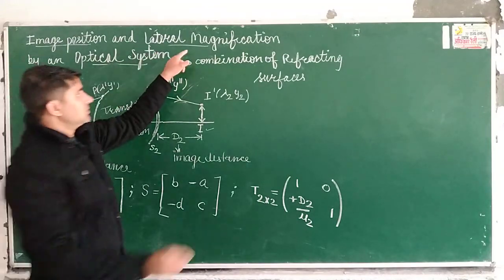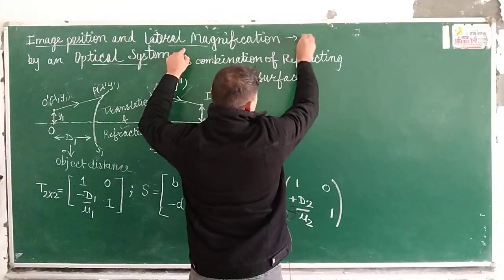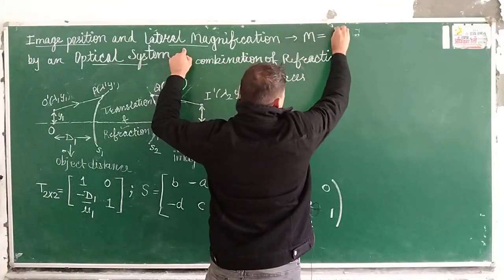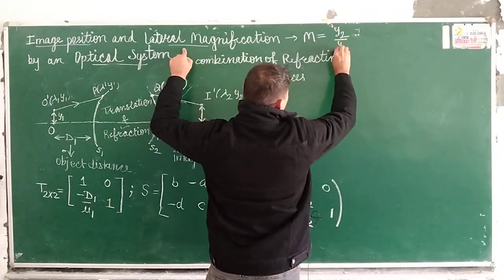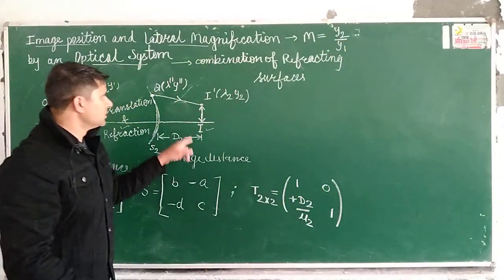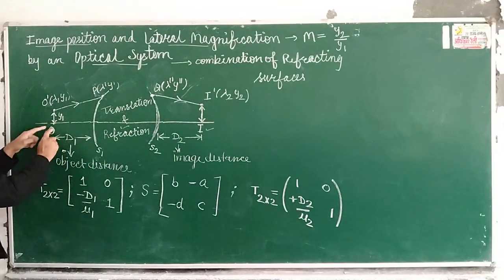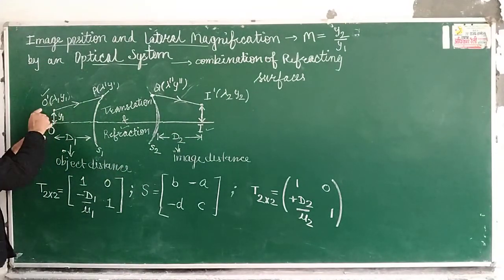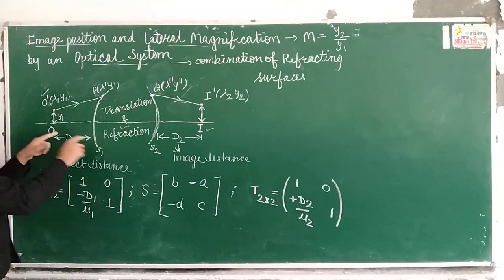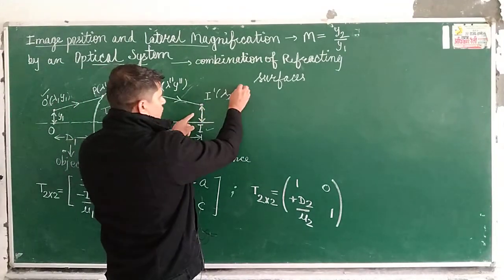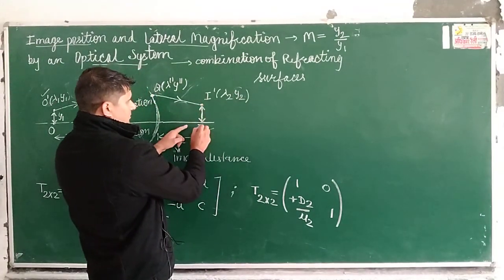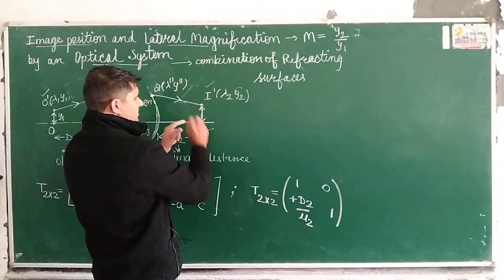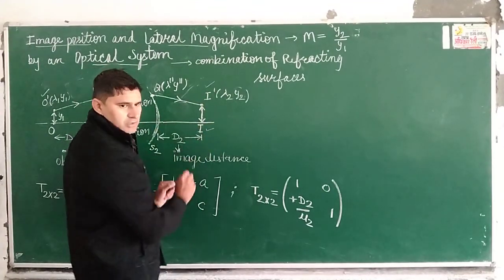lateral magnification. Lateral magnification is represented by m, which is the ratio of y2 and y1. Now see what y1 and y2 are. y1 is the height of the object point from the optical axis, and y2 is the height of the image point from the optical axis.